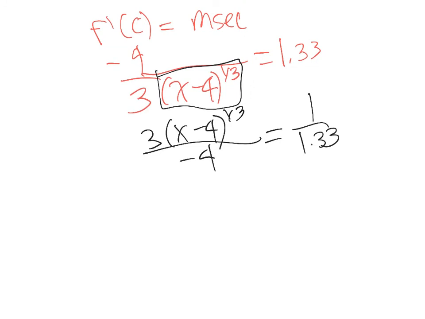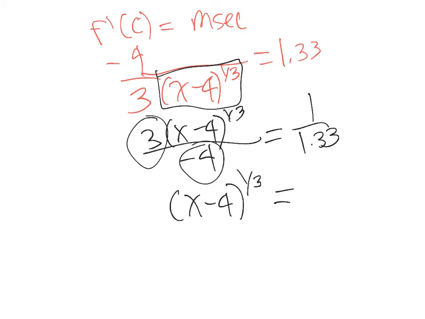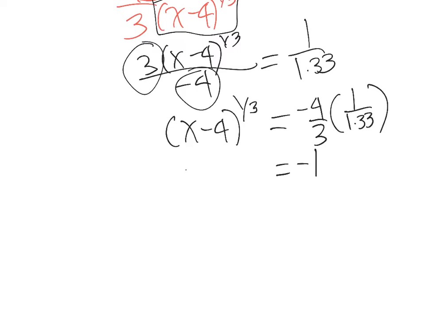And then I would multiply both sides by negative 4 and divide both sides by 3. (x minus 4) to the 1 over 3 would equal negative 4 over 3 times 1 over 1.33. That actually works out to negative 1, approximately. So (x minus 4) to the 1/3 is negative 1.